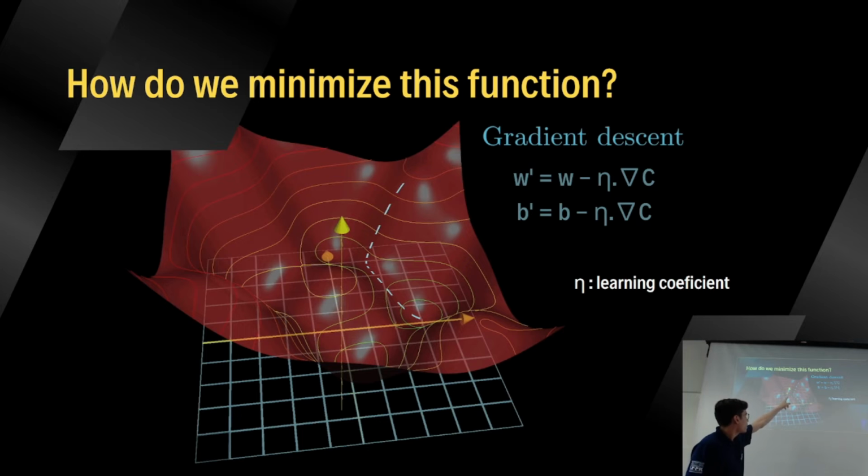For example, if I start at that point and take little steps in this direction, I will probably descend this function until I find the local minimum of this function. So that's the process. We update these weights and biases to minimize this function.